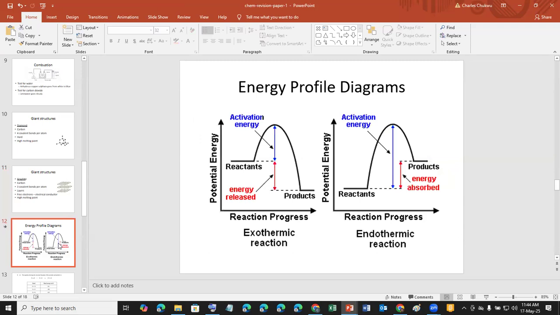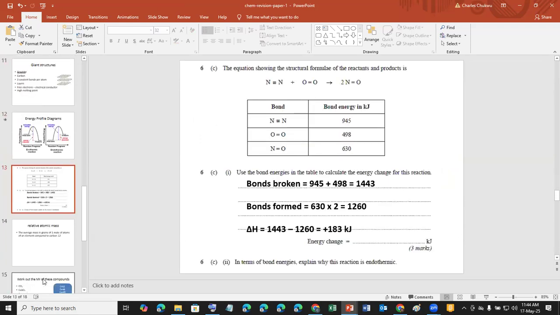Okay, we've seen this. This looks familiar. Exothermic and endothermic reactions. All right, let's look at this one. This is a question.